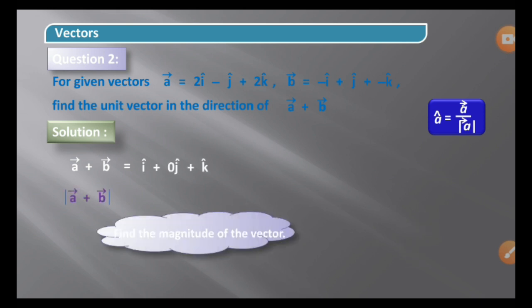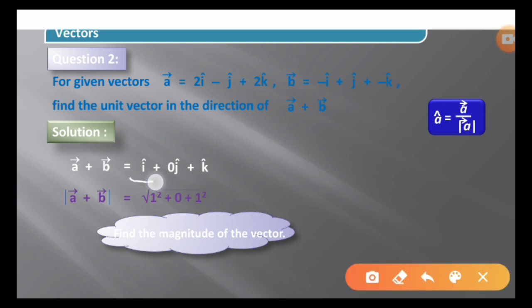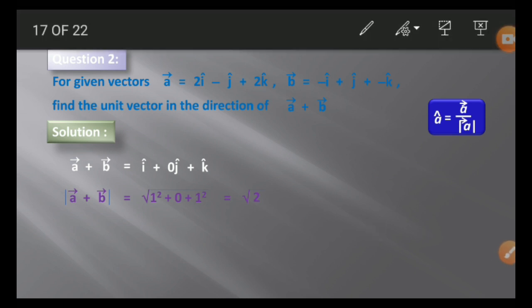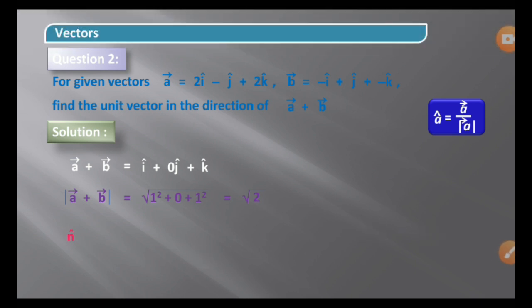Now we have to find the magnitude of the vector A plus B. This will be the square root of 1 square plus 0 plus 1 square, as we use the coefficients of the A plus B vector. Therefore, it is equal to square root of 2. Now we take the unit vector in the direction of A plus B as n cap.